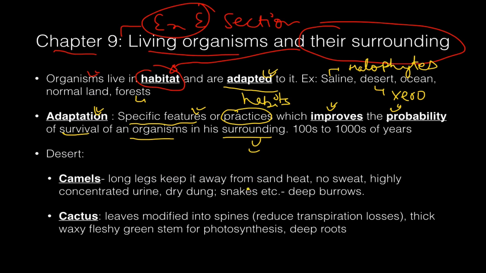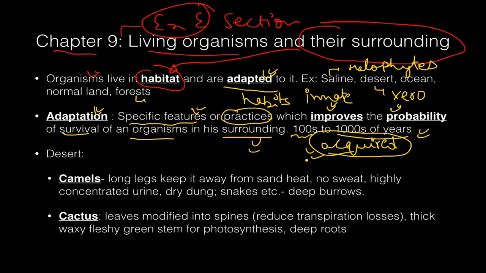These can be either innate or acquired. Usually in animals it's innate only, they rarely acquire anything, but in human beings we have to acquire a lot. It may take 100 years to thousands of years, adaptation is a very long term process. It does not come very early.